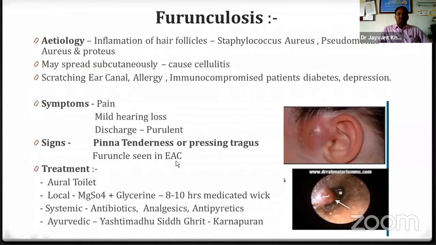Furuncle seen in EAC. Signs: pinna tenderness and furuncle seen in EAC. What is the treatment for furunculosis? The patient comes with severe pain because he can't tolerate the pain of furunculosis.